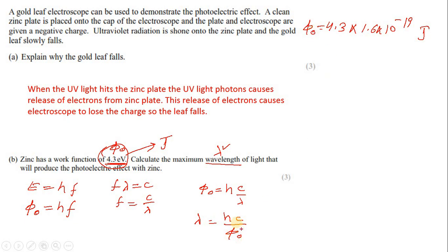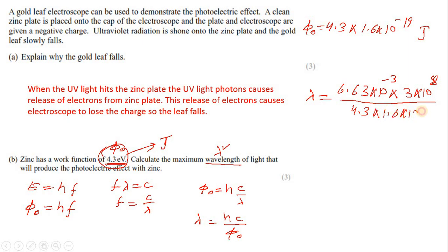And now everything you have, so you just substitute the value. So you say that lambda is equal to h. h is Planck's constant, which is 6.625 or 6.63 into 10 to the power minus 34, into c, speed of light, 3 into 10 to the power 8, and divided by phi naught, which is 4.3 into 1.6 into 10 to the power minus 19.